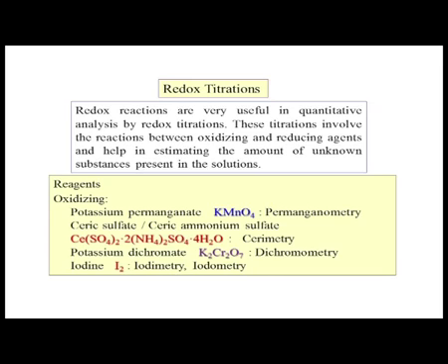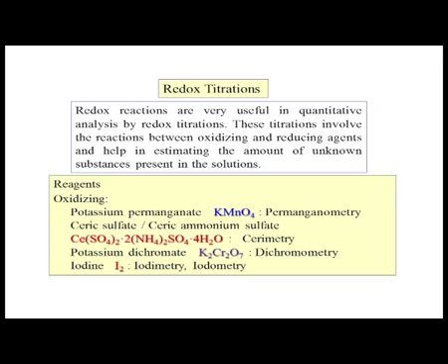Similarly, we can have ceric ammonium sulphate or ceric sulphate, which is a double salt like Mohr's salt. We call this cerimetry. Iodine can be utilized in 2 well-known redox titrations. One is iodometry, where iodine is liberated from a medium such as potassium iodide, and the amount of iodine is estimated by titrimetric method.